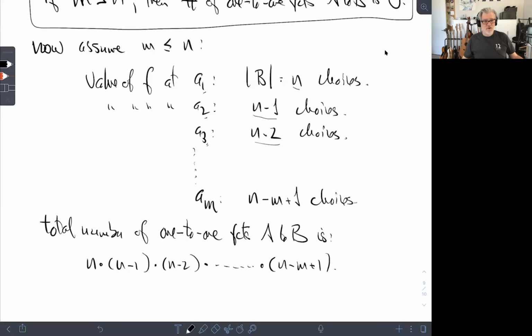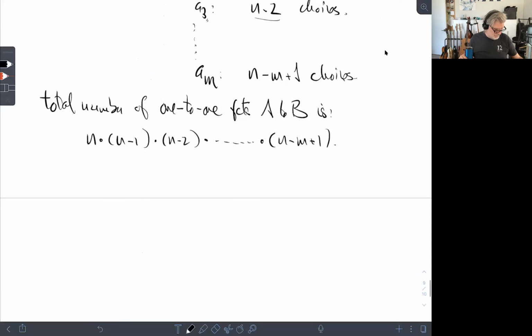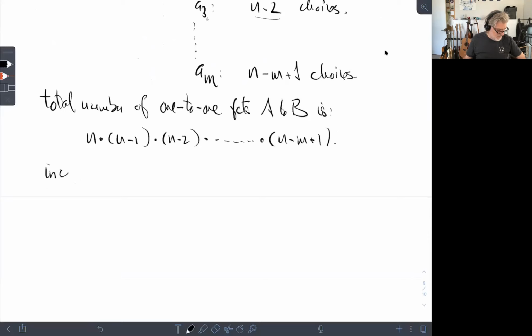Now, this is a very annoying formula because its length depends on the values, and that's not fun. But there is a way to rewrite that, which is very, very convenient, which is the following. So this is an inconvenient expression. We rewrite it as follows.